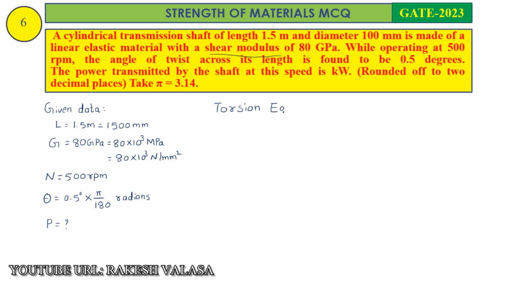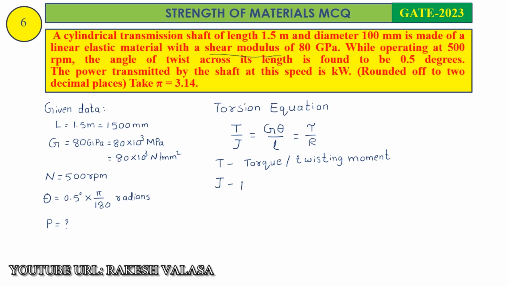First write the torsion equation. We know that formula, that is T by J equal to G theta by L equal to tau by R, where T means torque or twisting moment. Here J means polar moment of inertia.